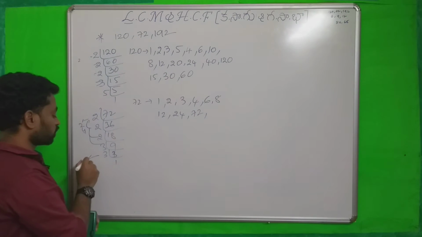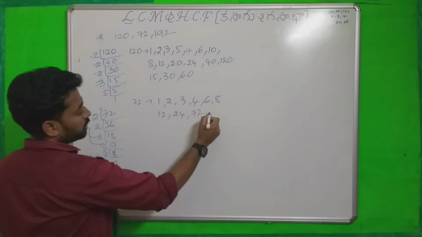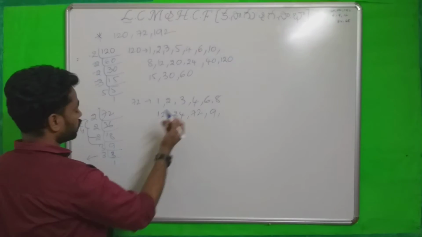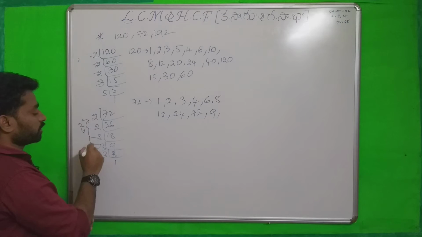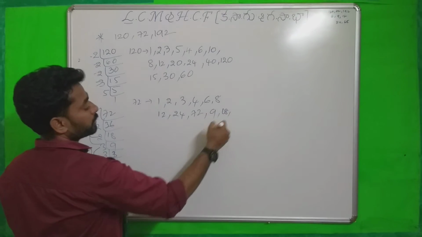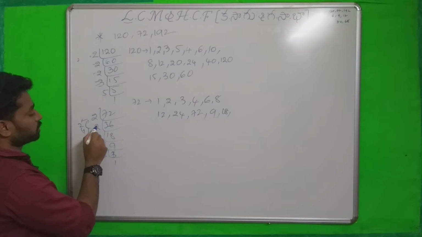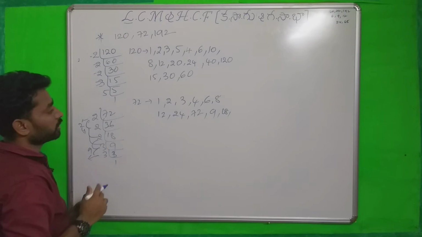So now onwards, 3 3s are 9 and 3 2s are 6, already we got. And 3 3s are 9, 9 2s are 18, right. And 3 2s are 6, 6 2s are 12, we have taken already. So these are the factors of 72.